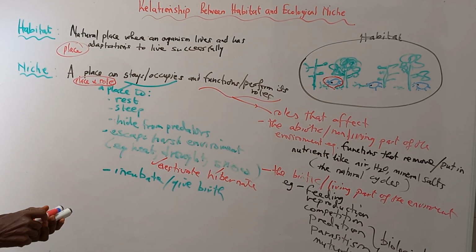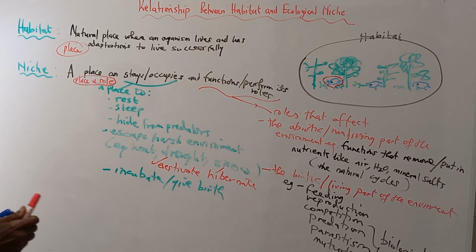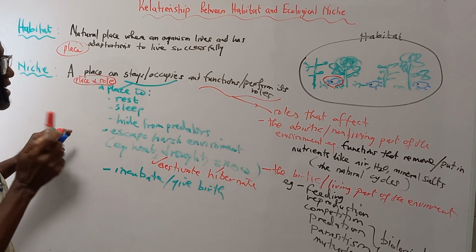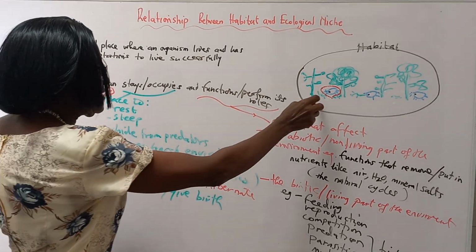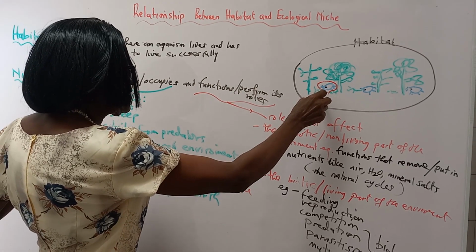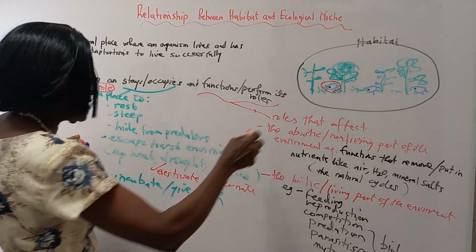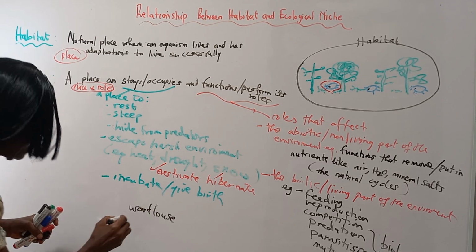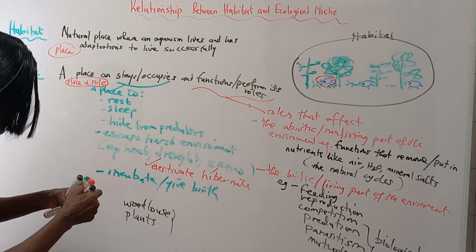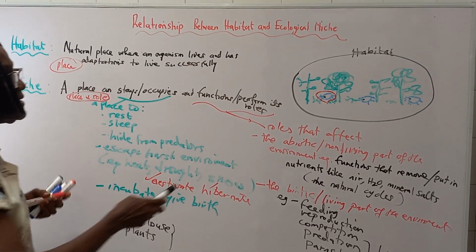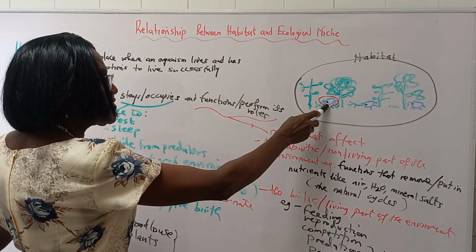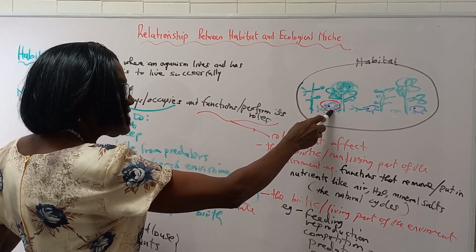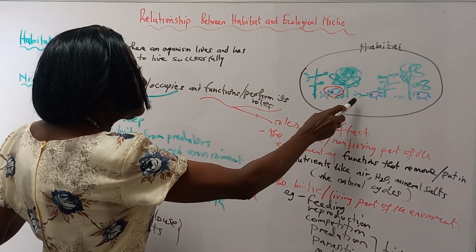So we can say that with some of the organisms, the niche is one place where it stays and also functions. For instance, organisms like the woodlouse and then plants. You see, the woodlice live in the detritus and right in the soil where there's plenty of detritus.